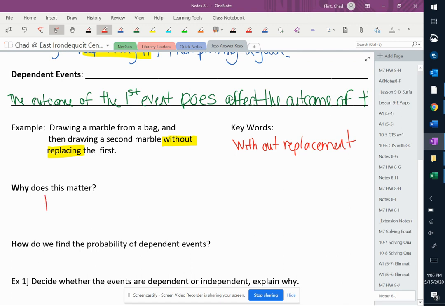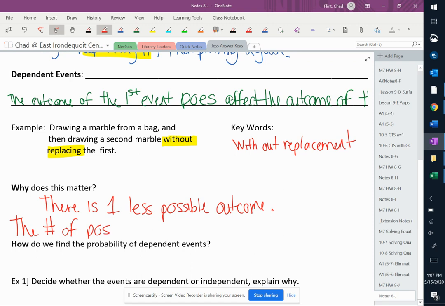It matters because there is one less possible outcome. The number of possible outcomes changes.